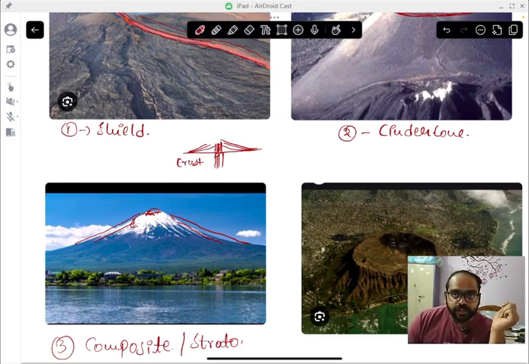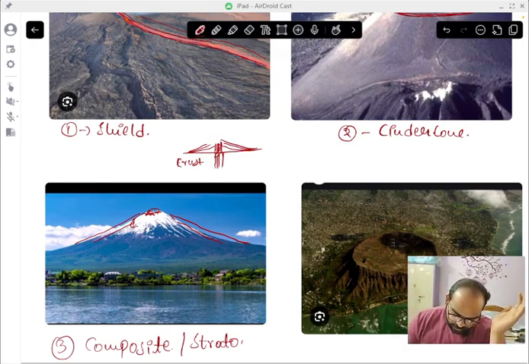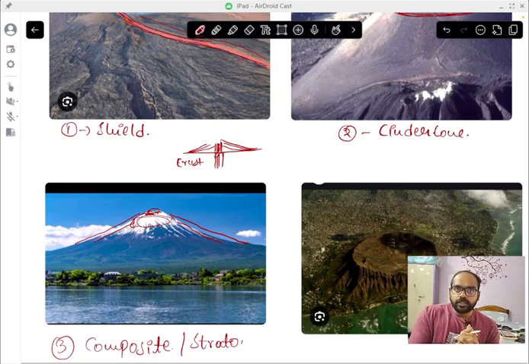You can see this white colored part. This is the lava that came out and solidified at the opening, and it forms layers. These layers are called composites. So at the vent there are layers that got solidified, and it is called a composite volcano. Generally, composite volcanoes are associated with high explosivity.